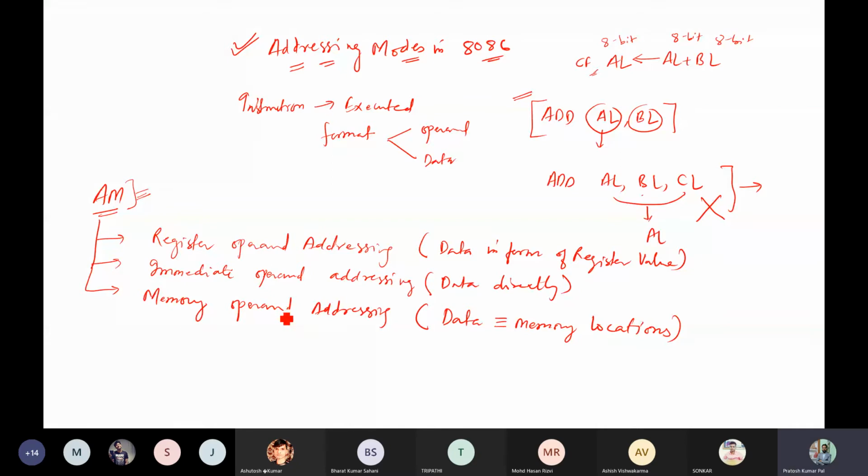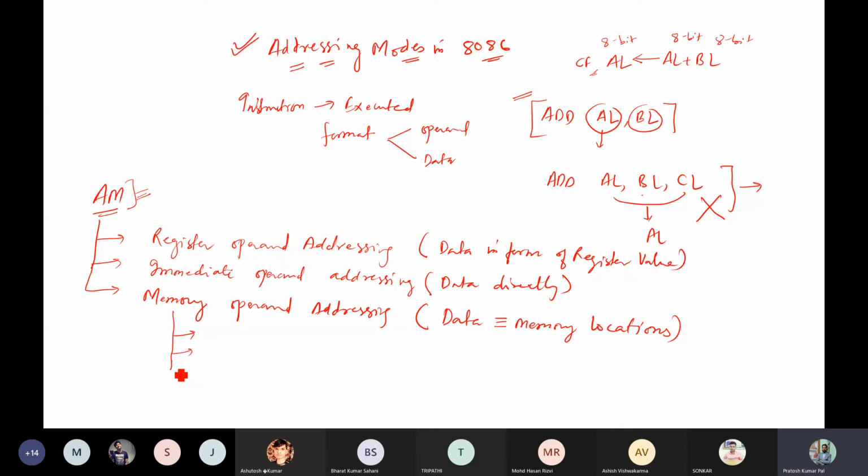There are different types of addressing the memory. If we are able to access the data from the memory, then that accessing type will be one of the addressing modes. So this is memory operand addressing. There are different ways to access data from the memory.